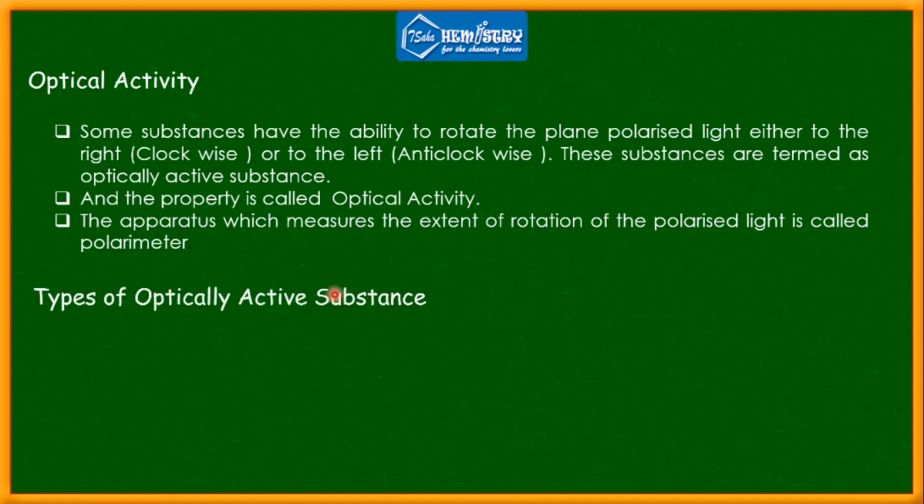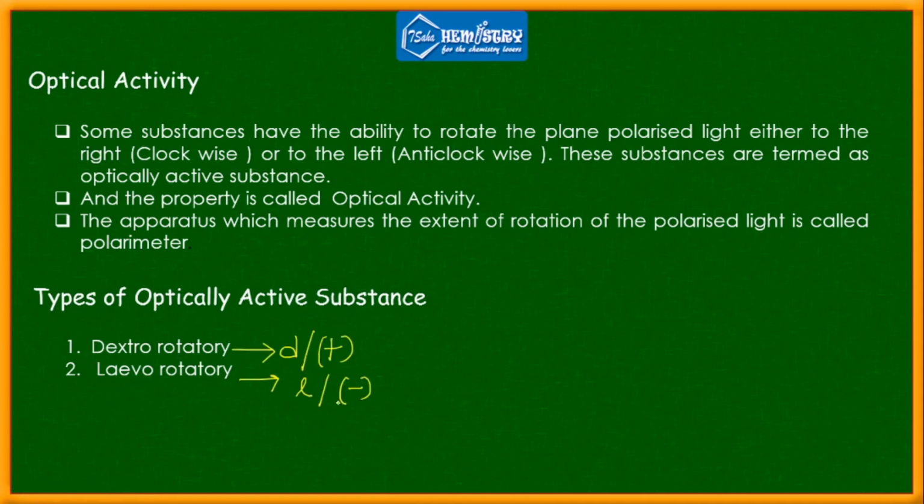Now, types of optically active substances. How many types are there? Already we know there are basically two types. Number 1 is dextrorotatory and number 2 is levorotatory. Dextrorotatory can be written as either D isomer or plus isomer. Similarly levorotatory can be symbolized as L isomer or minus isomer.